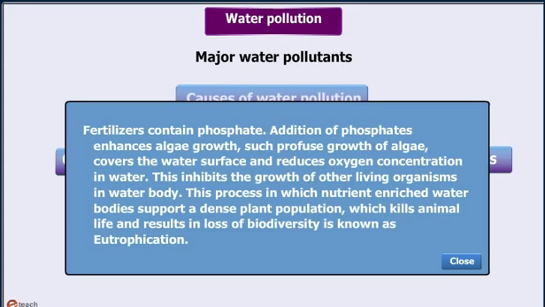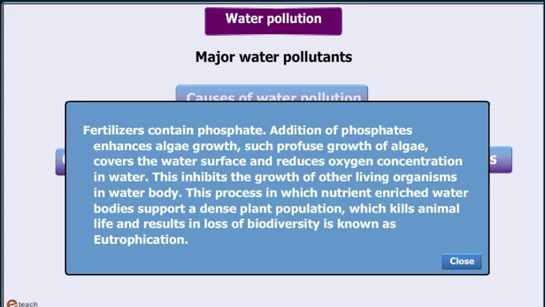Fertilizers contain phosphate. Addition of phosphates enhances algae growth. Such profuse growth of algae covers the water surface and reduces oxygen concentration in water. This inhibits the growth of other living organisms in the water body.